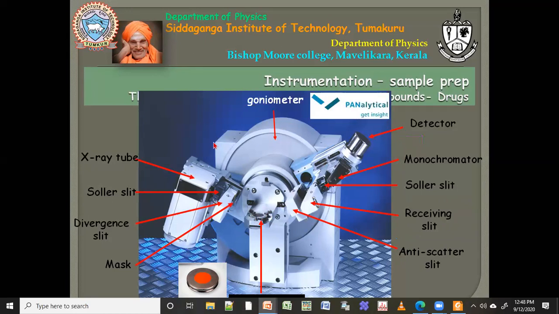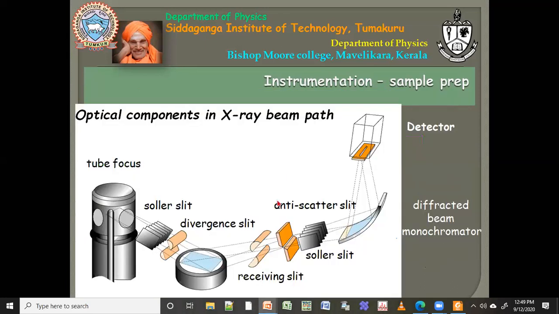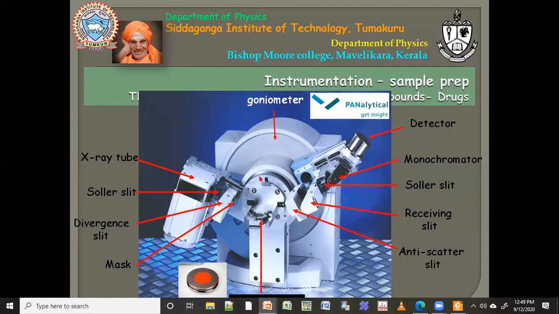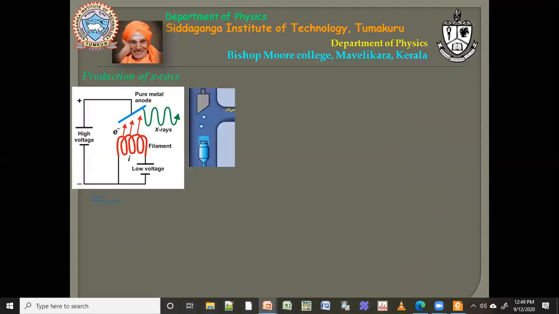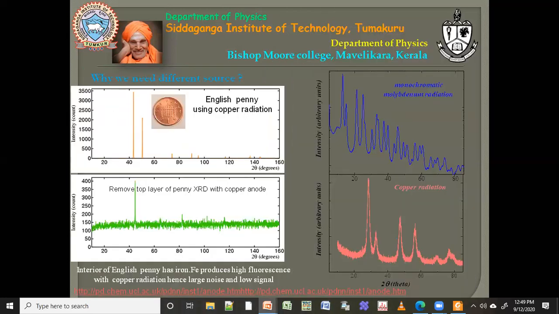But if the X-ray tube is somewhere here, then the angle of incidence is around 40 degrees, and your diffraction will be somewhere here. 40 plus 40 is 80. So this 2 theta is nothing but the position of your X-ray source and the detector. As you change the position of the X-ray source and detector, you collect the data. That is your 2 theta, and that is how you get peaks at different angles.